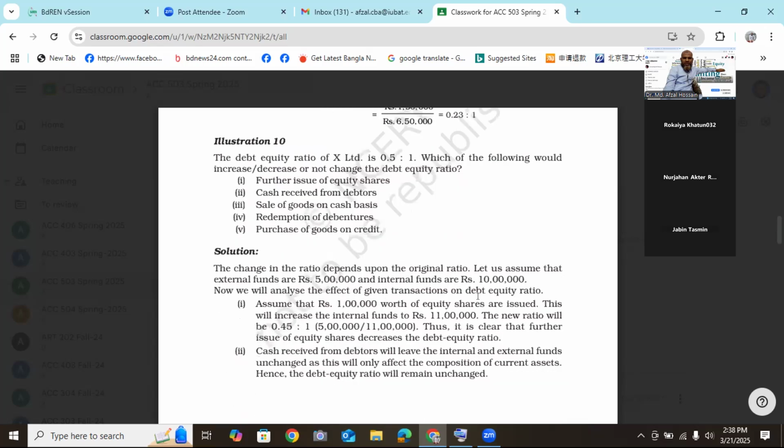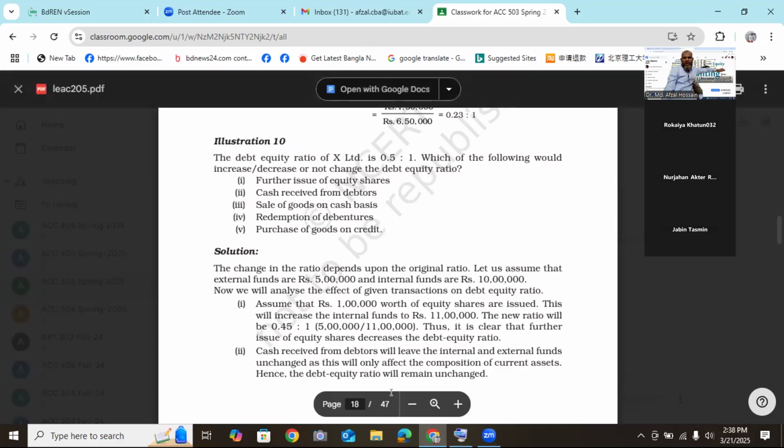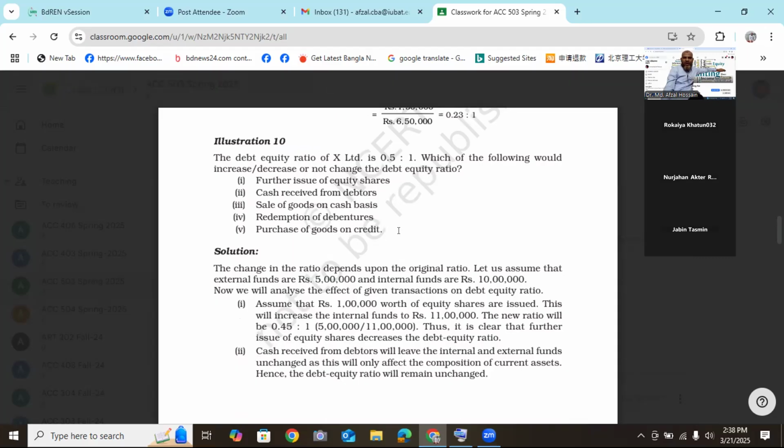Now illustration number 10. The debt equity ratio of X Limited is 0.5 is to 1. Which of the following would... this is a good question. I like it because this is a conceptual type of problem. If you know the formula and how it affects the result, then you can interpret it easily.